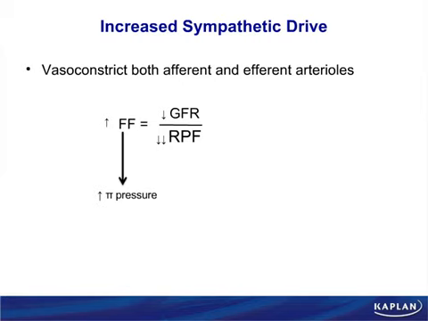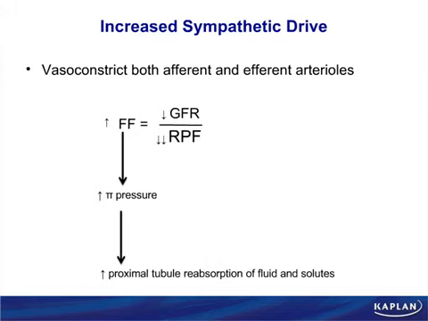They like to go after that. And that will lead to an increase in proximal tubule reabsorption of fluid and solutes. So, the overall effect of an increase in sympathetic drive is to decrease GFR. You filter less, but you increase filtration fraction, and you reabsorb more. This is how the kidneys preserve volume in a low volume state.